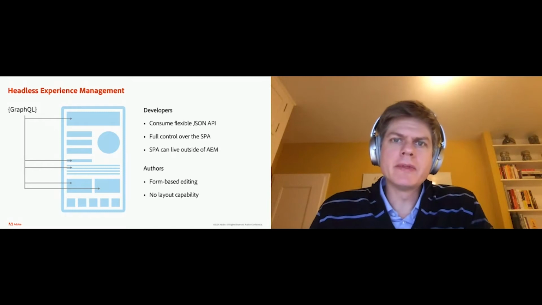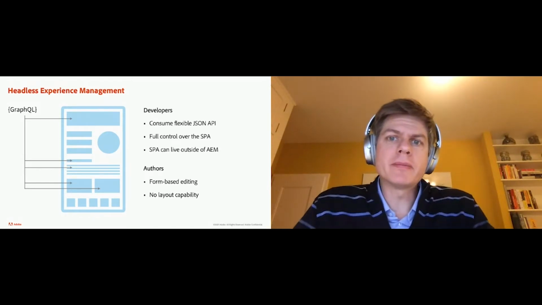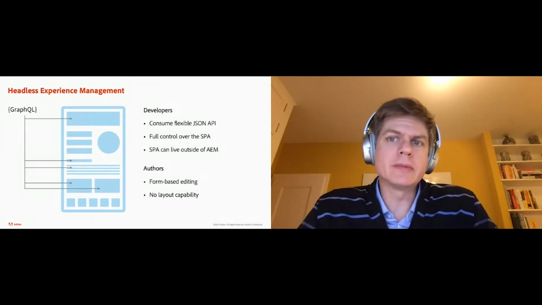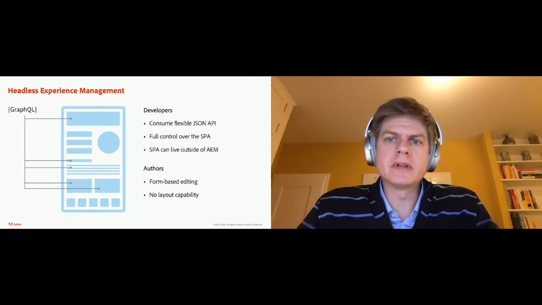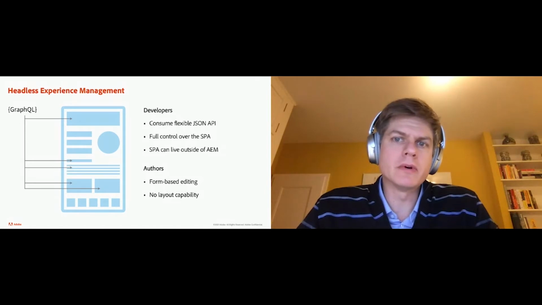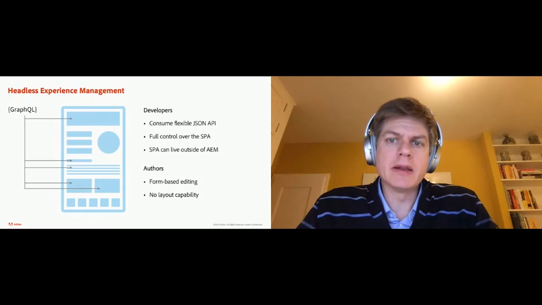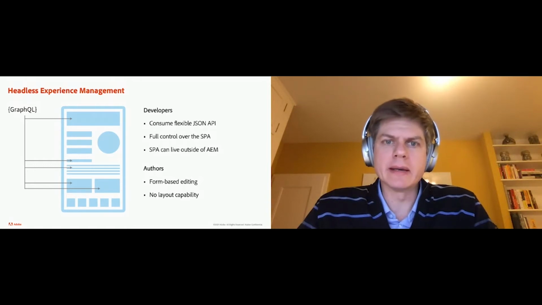There are really a lot of benefits here for developers because they can consume a very flexible JSON API. They have full control over the single page application and how it's built. There is no specific dependency to AM in any form at that point, and the single page application can also easily live anywhere outside of AM.